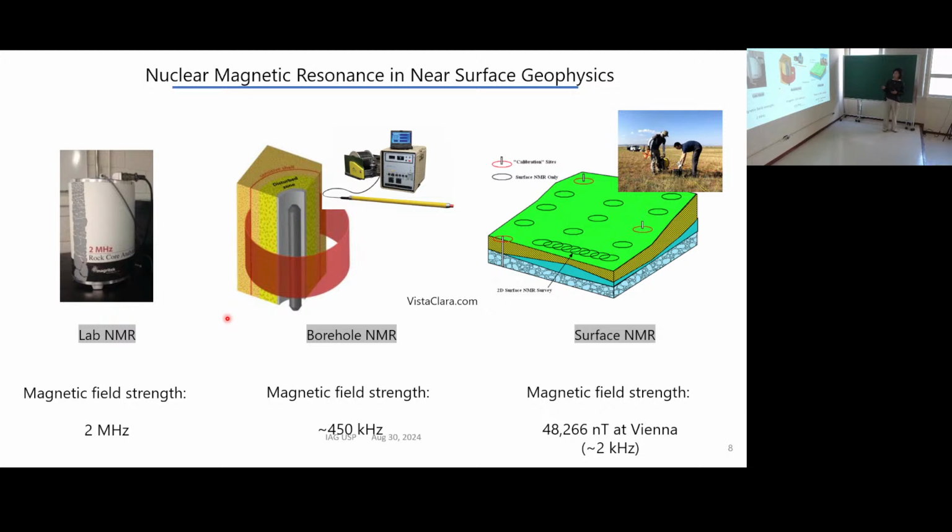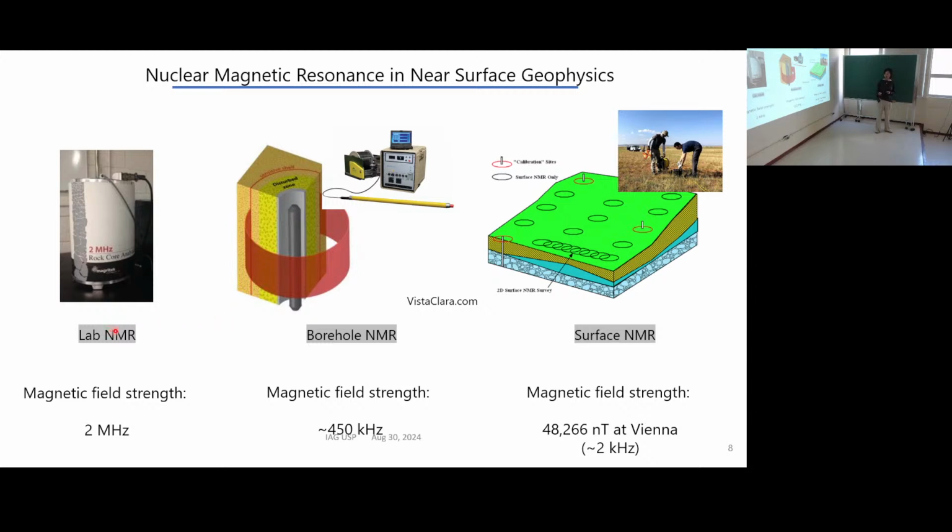So this comes back to this tool that I've been introducing, called nuclear magnetic resonance. To start with, I'm going to give you a brief overview of how NMR can be used in near-surface geophysics. In near-surface geophysics, NMR tools can exist in 3 different ways to measure.